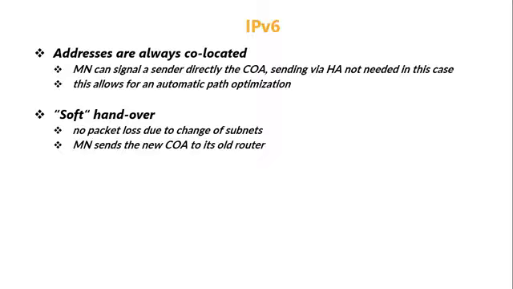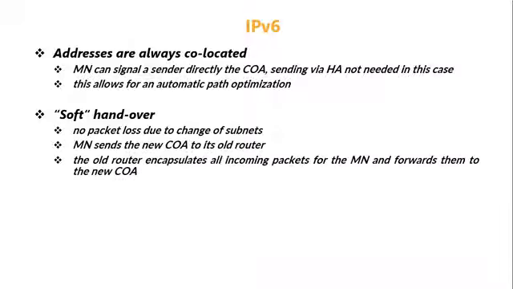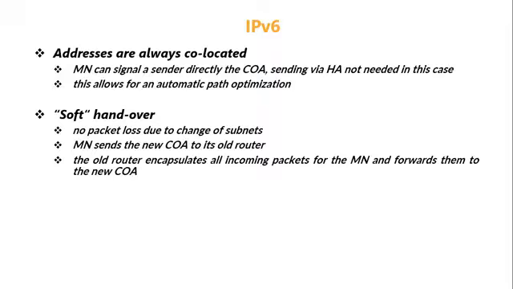Whenever the mobile node goes to a new network, it will get a new COA. But it will also communicate that new COA to the old router, because some packets may still come to the old router if other nodes do not know the current location of the mobile node, and then these routers can route the packet to the new COA.